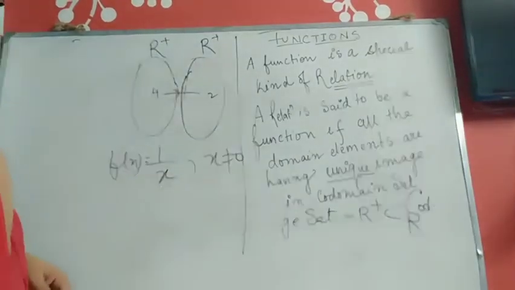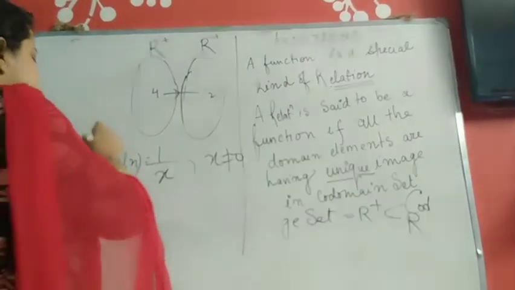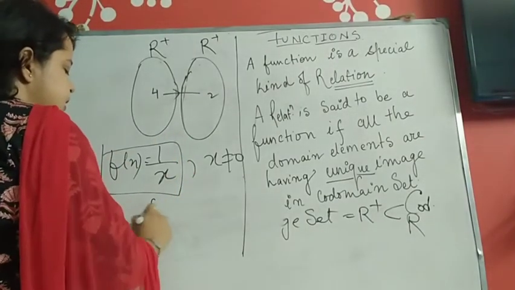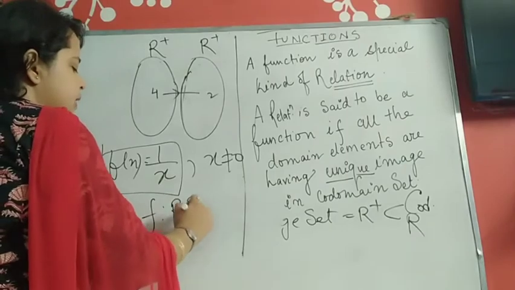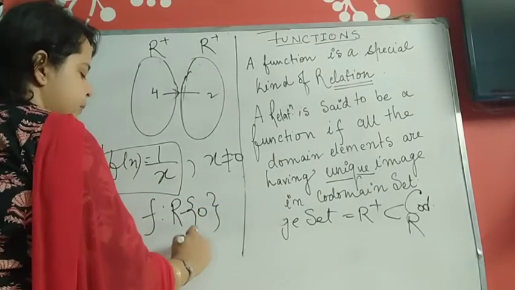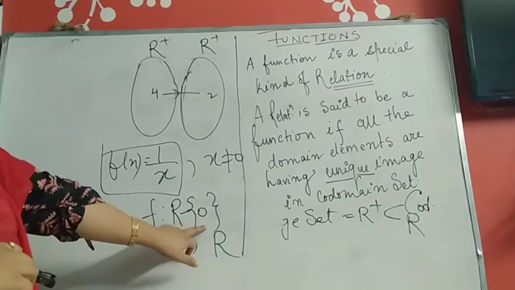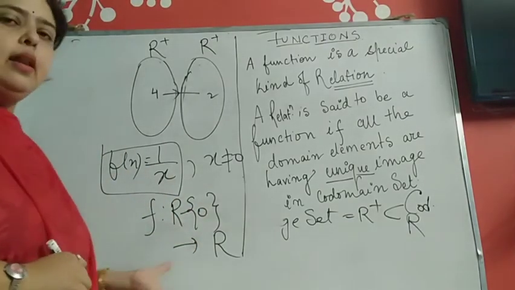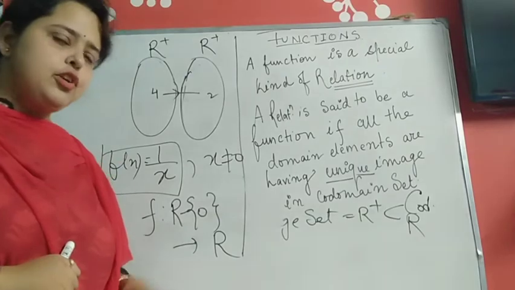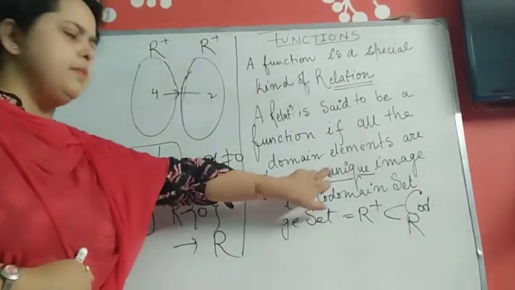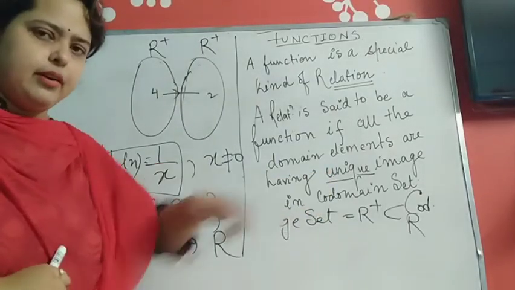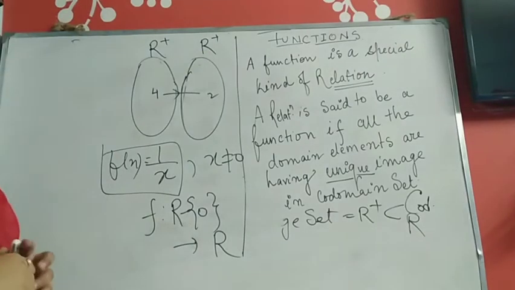What for? Because it is designated as a function, but with a condition that the domain is not accepting 0. Other than 0, all the real numbers are going to have an image, and not only that, it is maintaining the second criterion also: it is unique also.